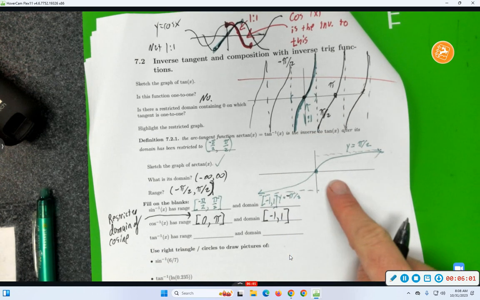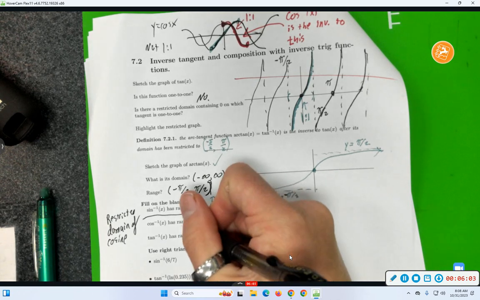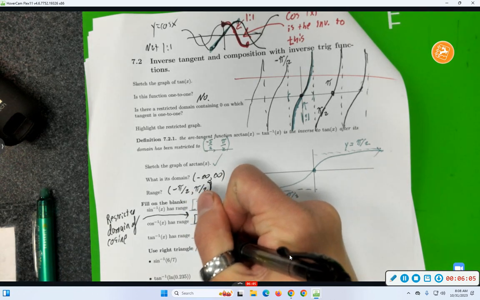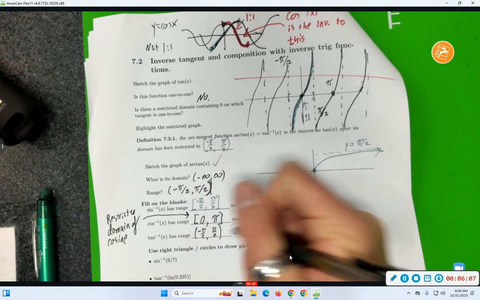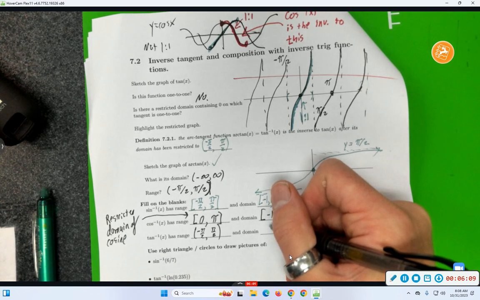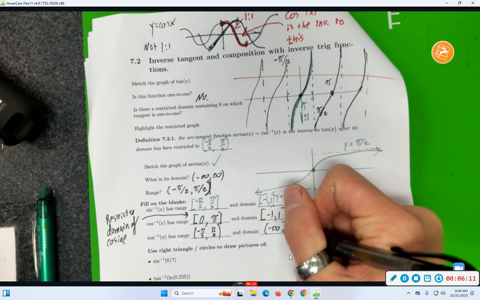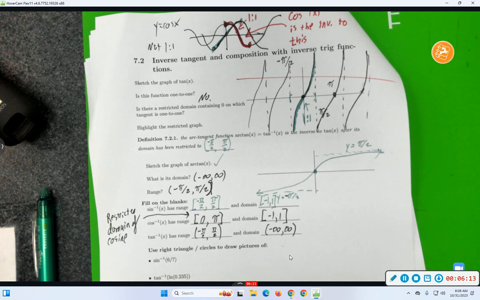Inverse tangent, well, we just drew that. It has range -pi/2 to pi/2, and domain -infinity to infinity. All right, so today's going to be all about thinking about how to compute certain things involving inverse trig functions.